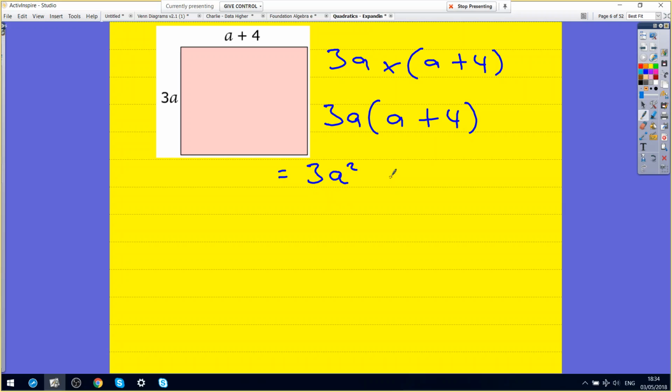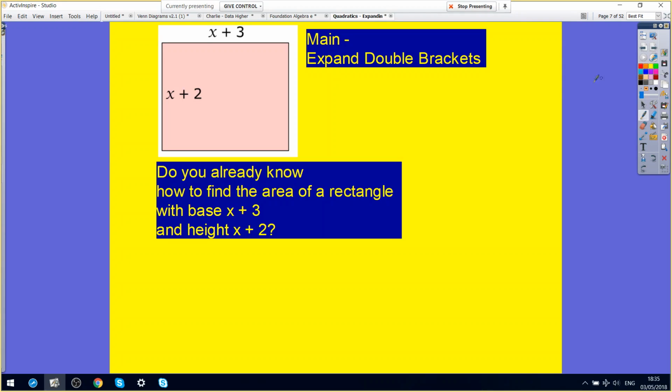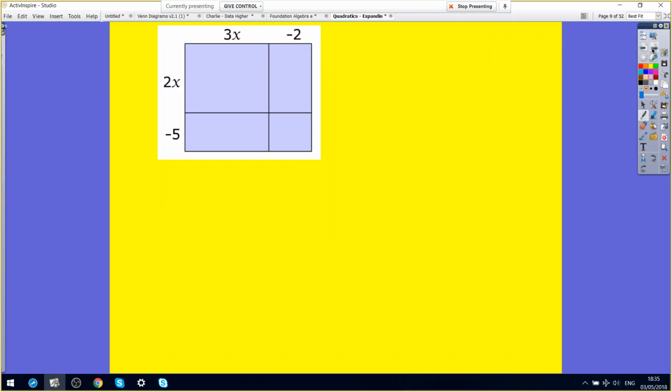Actually, no. Would that be 7a? You're thinking about adding. This is multiplying. 12a. Yeah, and what goes between them? Plus? Well done. And that's where I'm going to leave that.